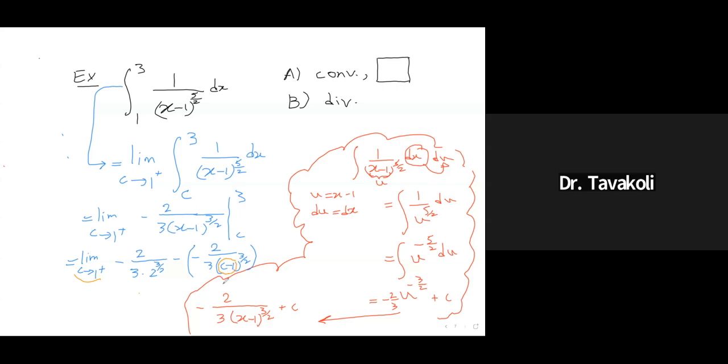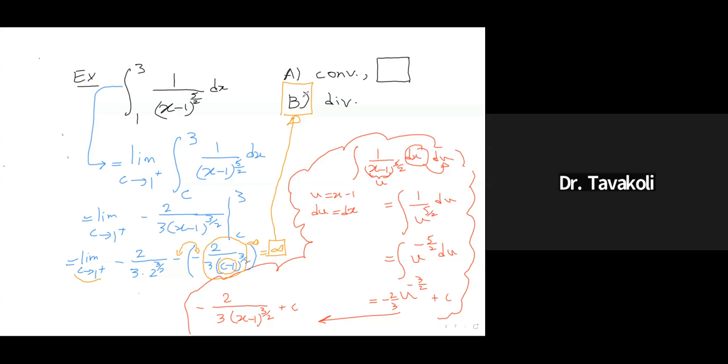So c minus 1 tends to 0 as a positive number, meaning that this fraction becomes plus infinity. And I have a double minus here, so the result is still plus infinity. It is plus infinity, so the integral is divergent.